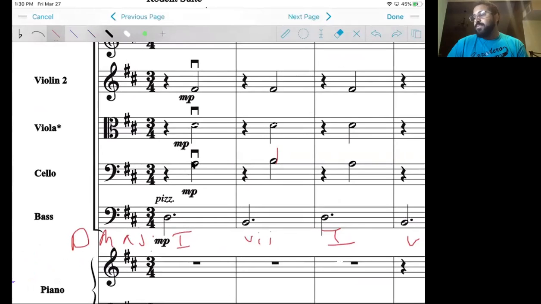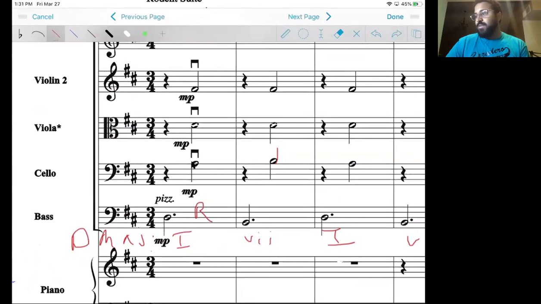The D is our root, and we'll just put an R for root. Now, if it's a D major, it's D, F sharp, A. That's the first three triads. I need to know what's the root, what's the third, what's the fifth. Well, the third is an F sharp. So whoever's playing F sharp is our third.